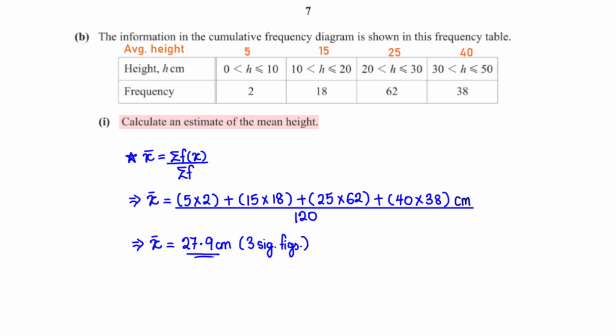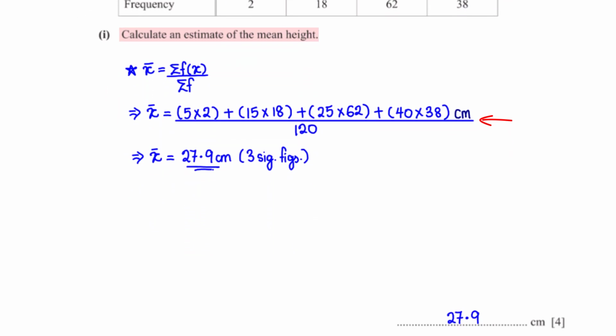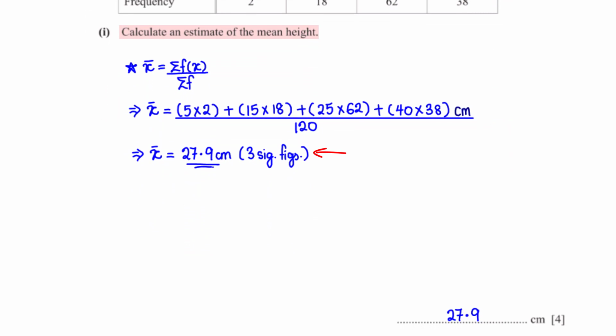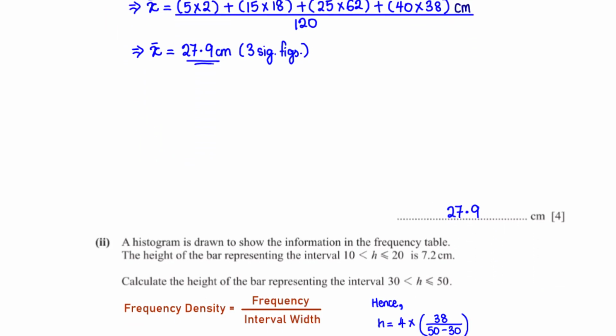So now, sigma f of x is 5 times 2 plus 15 times 18 plus 25 times 62 plus 40 times 38, and sigma f is 120. When we type this into the calculator, we get the mean as 27.9 centimeters, correct to 3 significant figures.